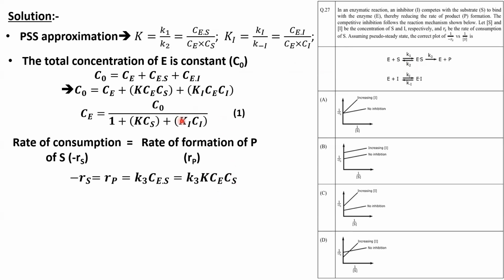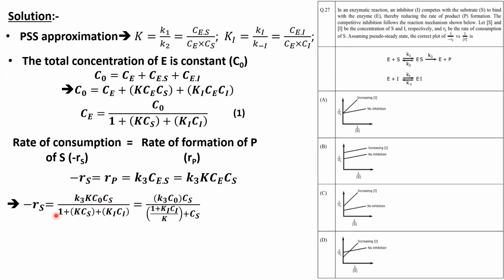Further, from equation 1, we can write the rate expression as minus R_S will be equal to k3 K C naught C_S divided by (1 plus K C_S plus K_i C_I). So we can take capital K common from numerator and denominator and cancel.